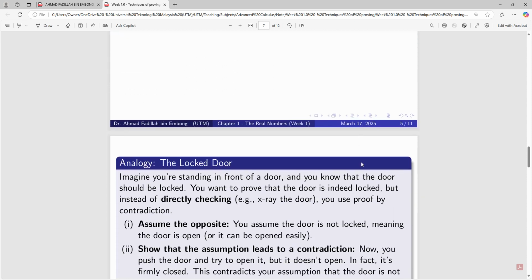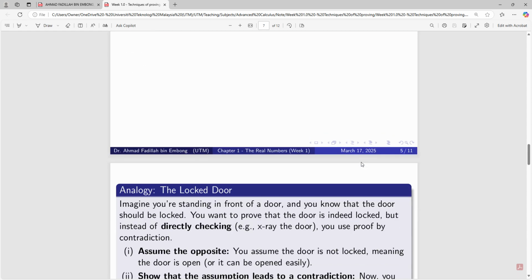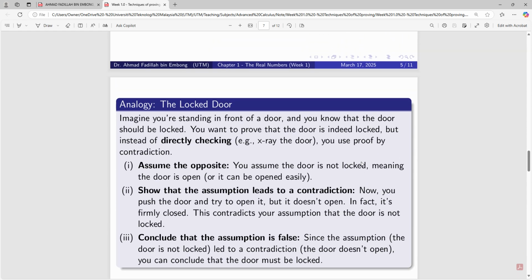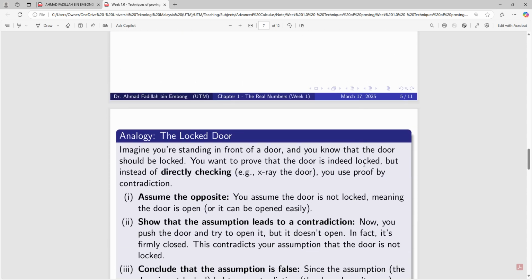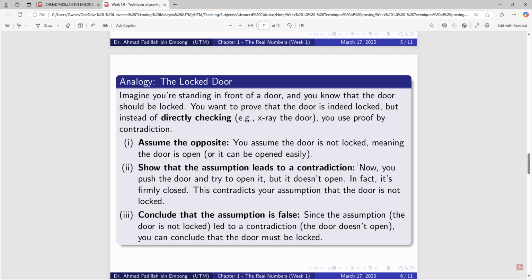Okay, so if you have a problem understanding proof by contradiction, I would suggest you try to understand this analogy first. Let us read this together. Imagine that you are standing in front of a door.